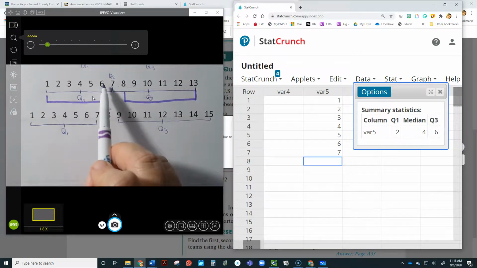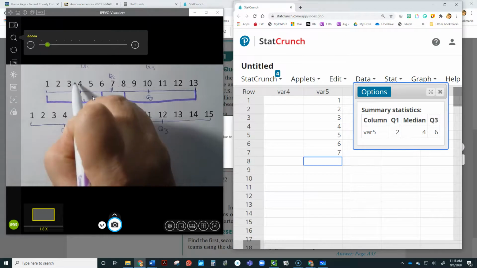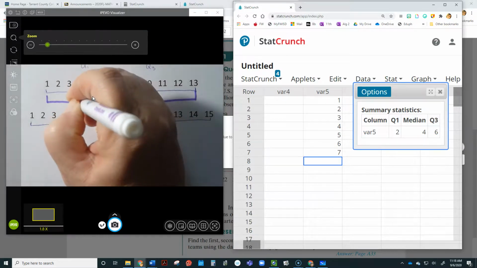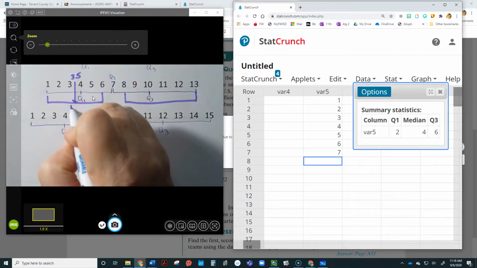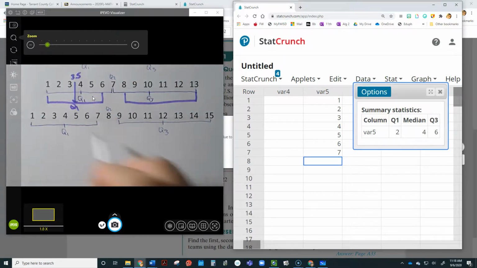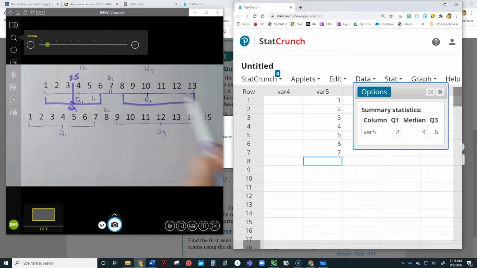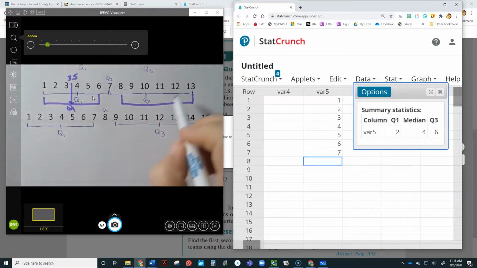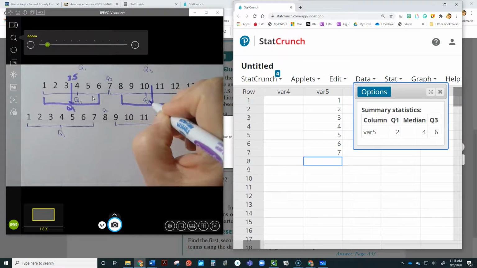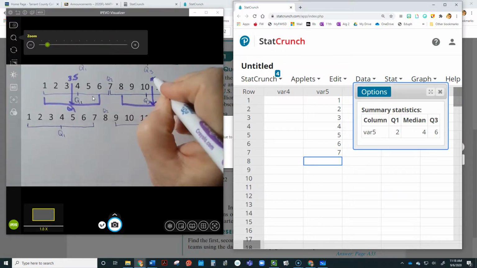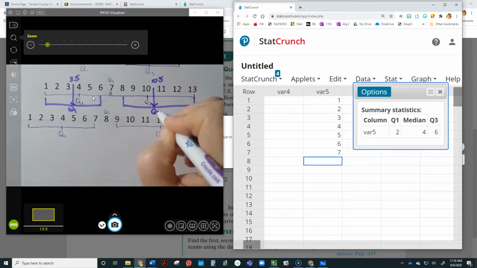Your Q1 would be right here in between, 3.5, because you would not be using the 7. And on this one right here, your Q3 would be 10.5.